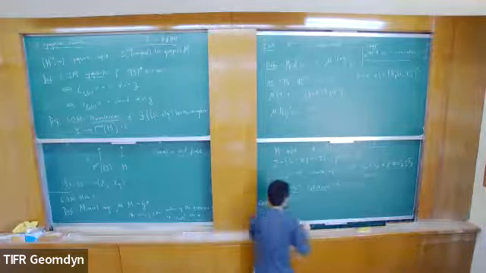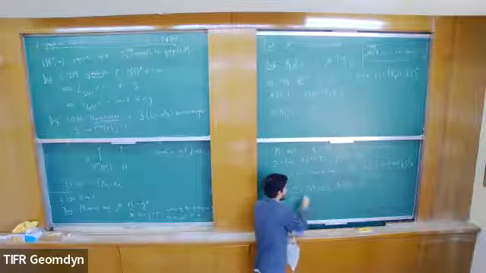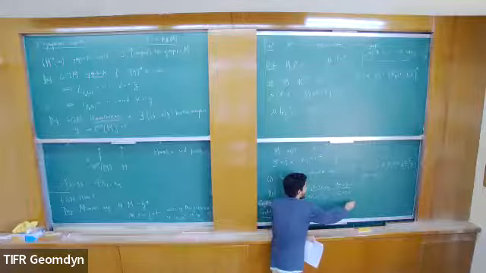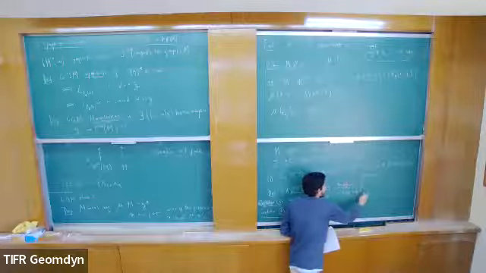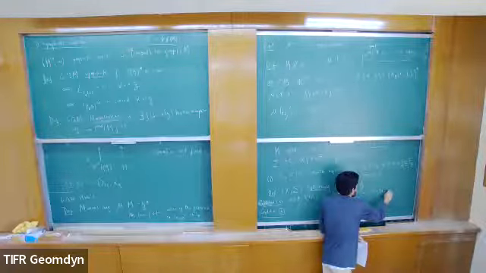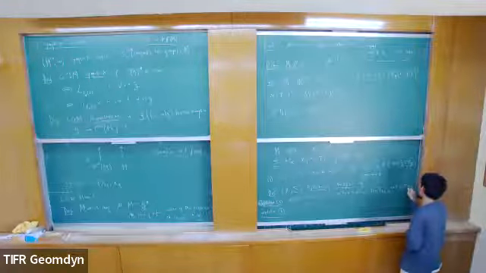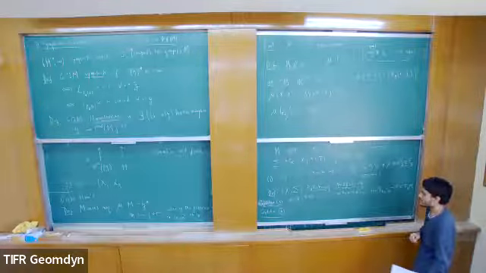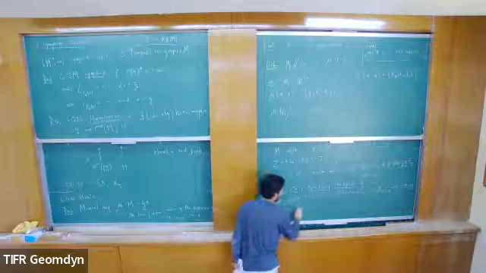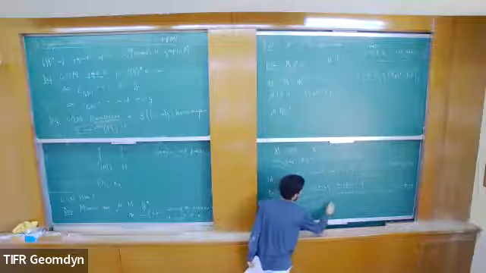Then Whitney condition A says that if you have a sequence xn inside S beta that converges to a point in S alpha, and the tangent spaces to S beta at these points also converge to a plane in the Grassmannian at that point, then the tangent space to the lower dimensional stratum is contained in it.